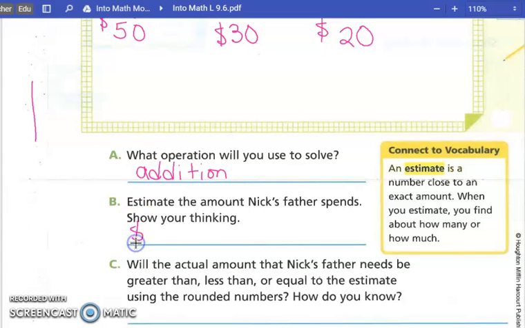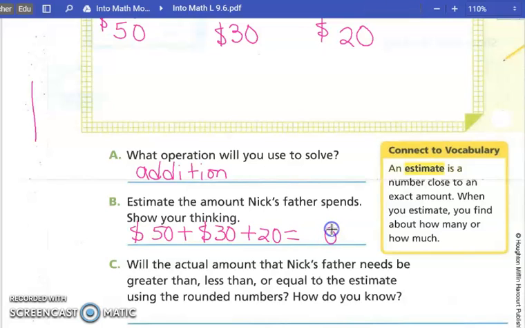Okay. So $50. That was for the shoes. And then $30 was for the sweater, right? And $20 is for the book, and we're going to add that together. We have zeros in the ones place, right? So 0 plus 0 plus 0 is 0.